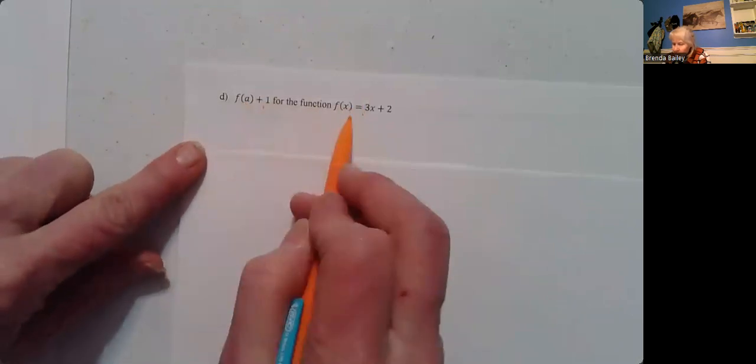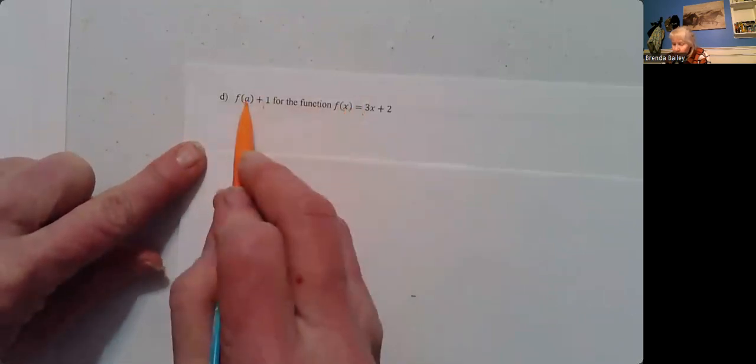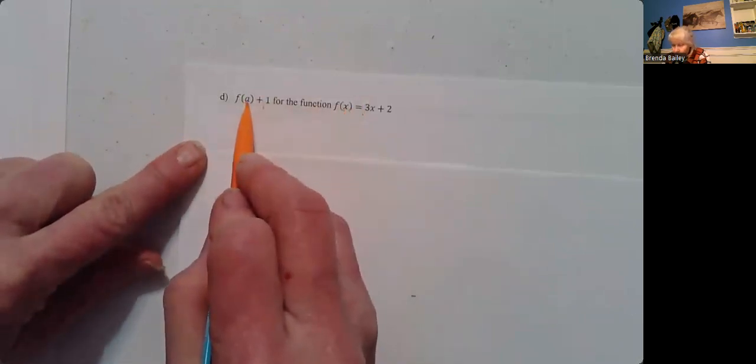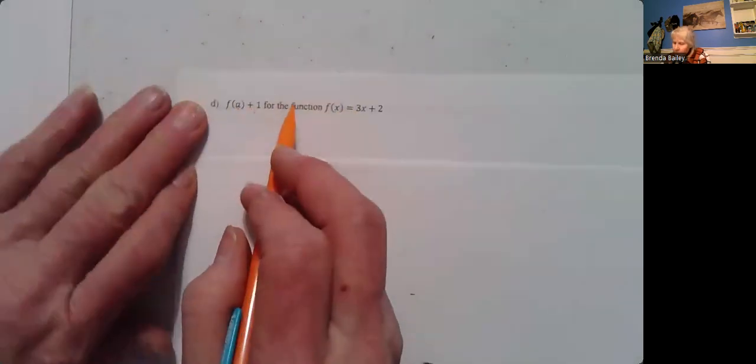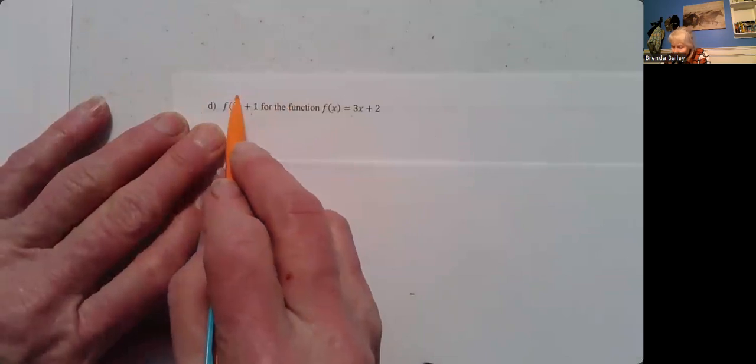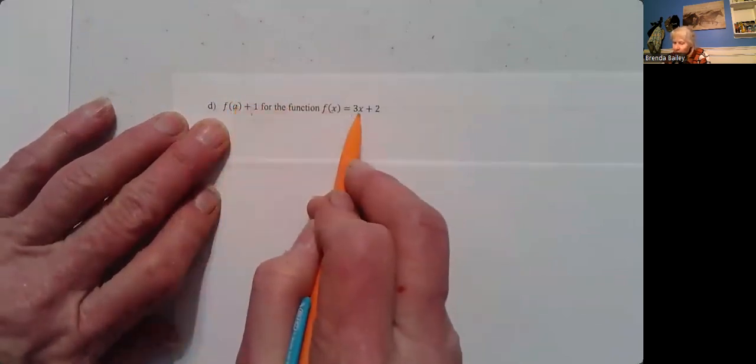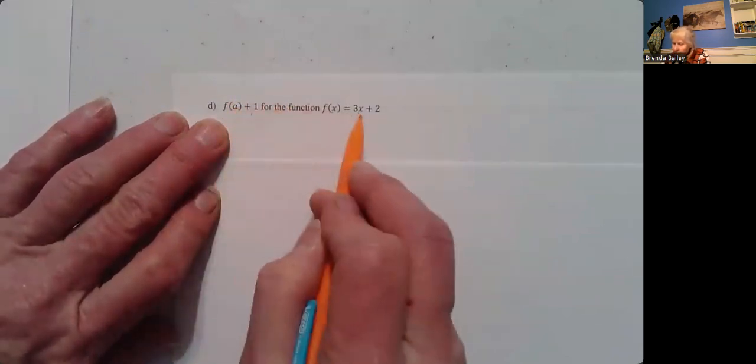All right, f of a plus 1 for this function. This means you're going to put a in for the x's. This is what you always put in for the variable. And then we're going to add 1 to it. Usually we were putting numbers in. Now we're going to put a variable in.